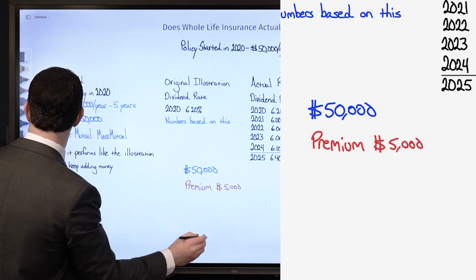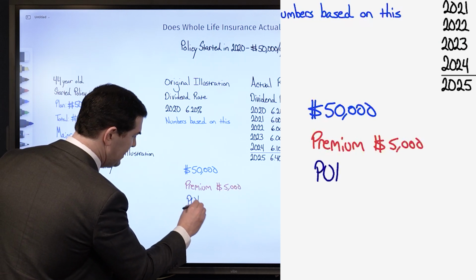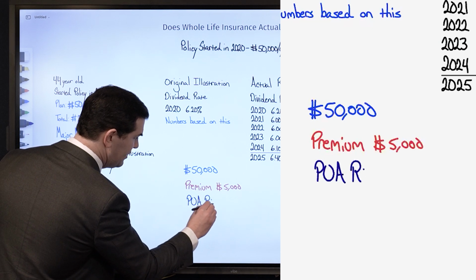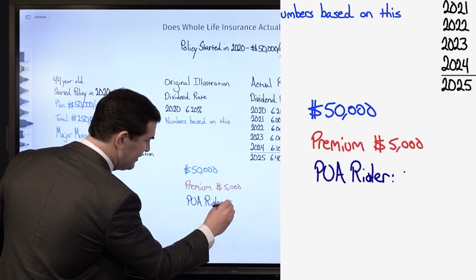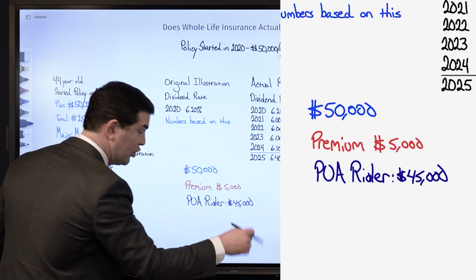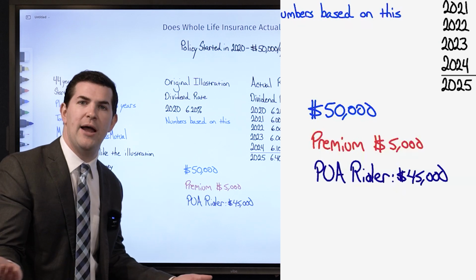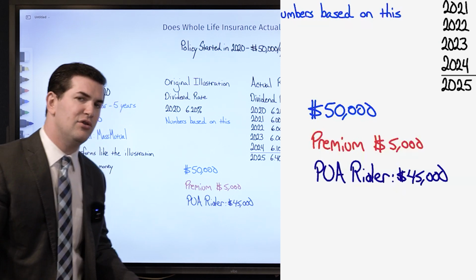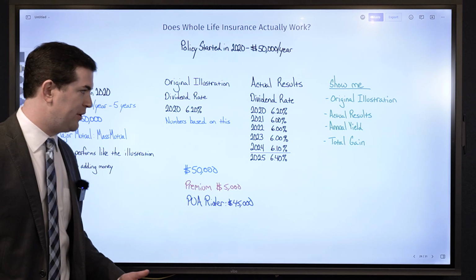And then at my discretion, I can literally just throw more money into my PUA rider. It's very flexible. And I don't have to do that. So I've got the ability to add another 45K. And if I do it, I see it immediately show up in cash value. But at the same time, I'm not billed for that. So now I've got a lot of flexibility, which makes the product not feel like a burden.